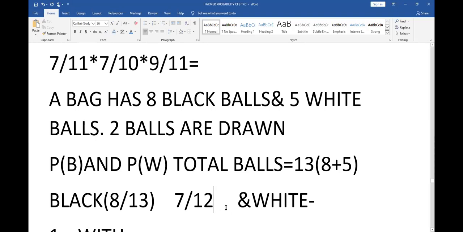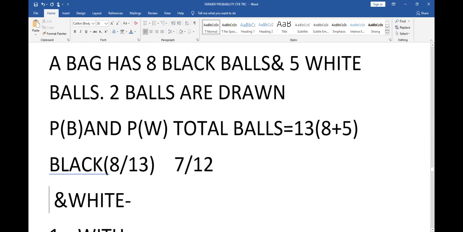Same case, I come to the white ball here. The probability of picking a white ball with replacement: how many white balls are there? 5 favorable outcomes, out of how many? 13. If I pick one white ball and I don't return it, how many white balls are remaining? 4.